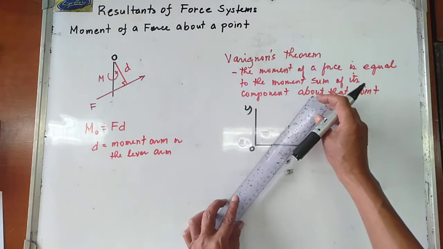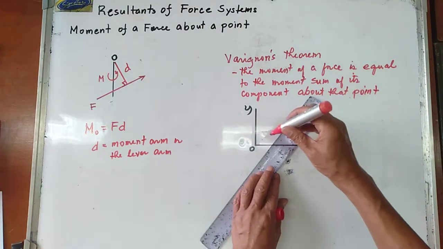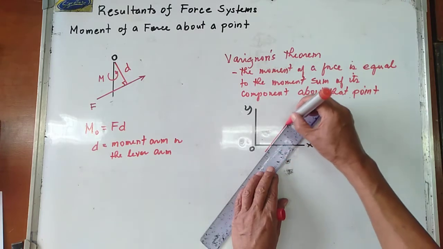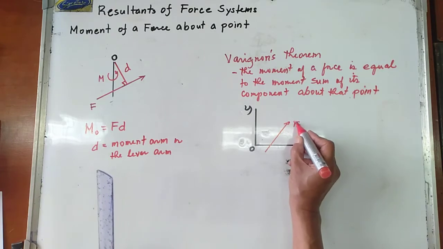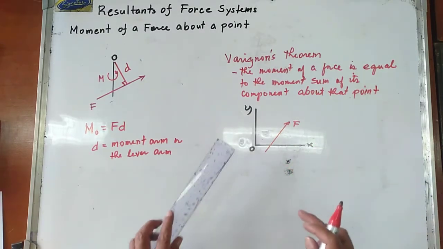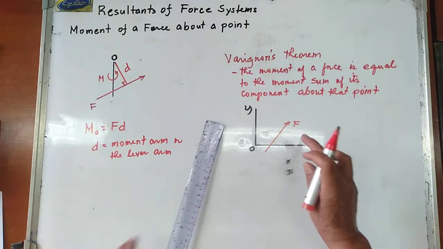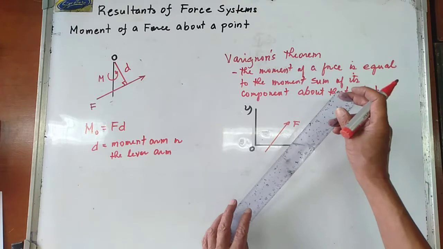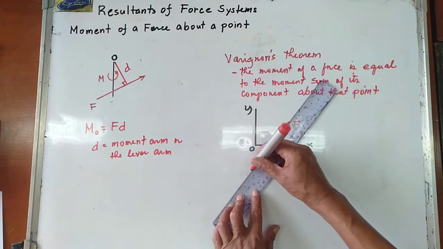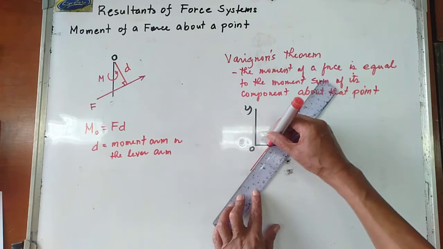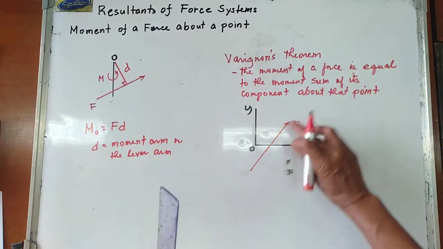Considering that this is the force F, the moment of this force F about point O is equal to the magnitude of this force multiplied by the perpendicular distance from the moment center to the line of action of the force.